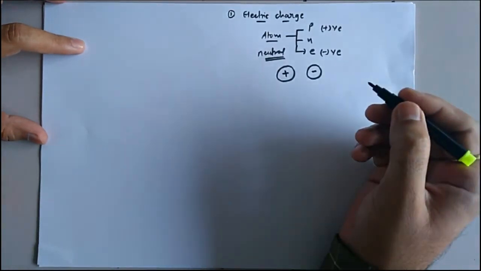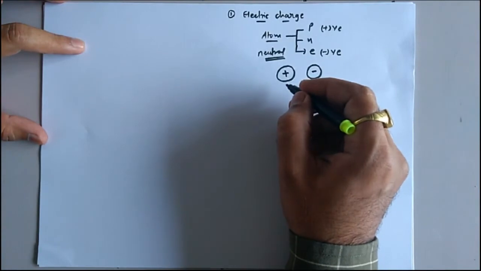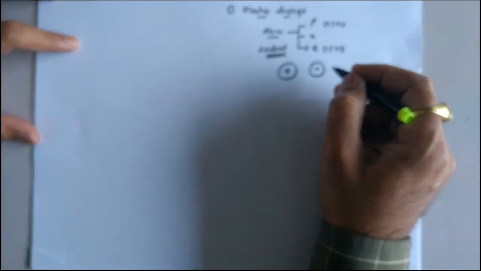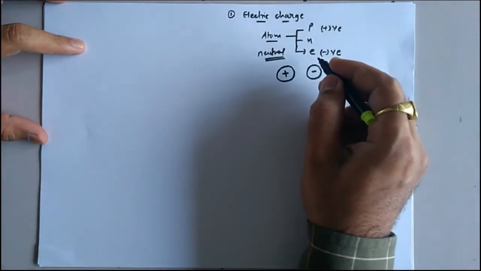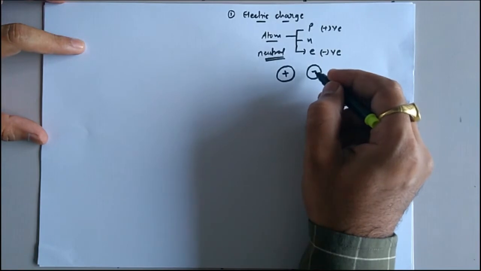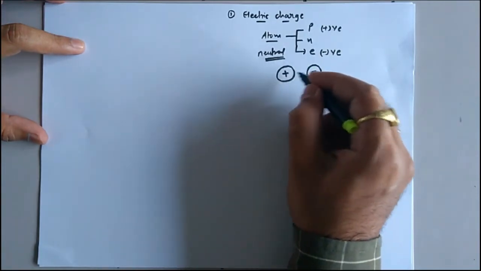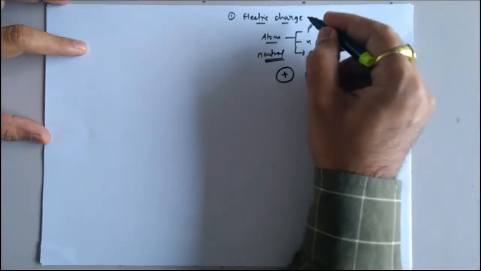Suppose due to some method, if we are capable to create the deficiency of electron in an atom, then it will attain a net positive charge, and due to some mechanism, if we are capable to create excess number of electron in an atom, then it will attain a net negative charge. So this particular structure is known as ion, and in this way we can define the concept of what?